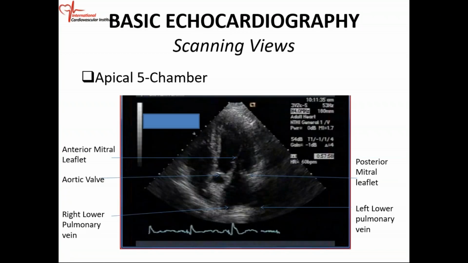Now, you can see over this side, this is a moderator band. So this is one of the few views which allow visualization of the moderator band. Okay. And again, your ventricular septum, the apex, LV apex, the lateral wall. So this is your apical five-chamber view.